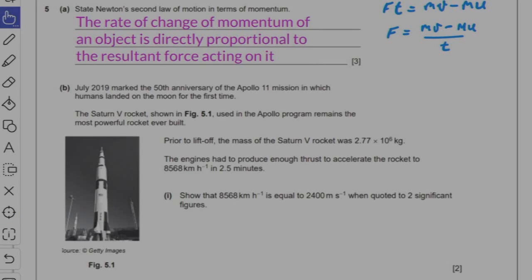So something along those lines: rate of change of momentum of an object is directly proportional to the resultant force acting. Or you could say equal to, seeing as that's what we've got in that relationship there. Certainly here we have found that they're equal. So directly proportional is acceptable and equal is acceptable.